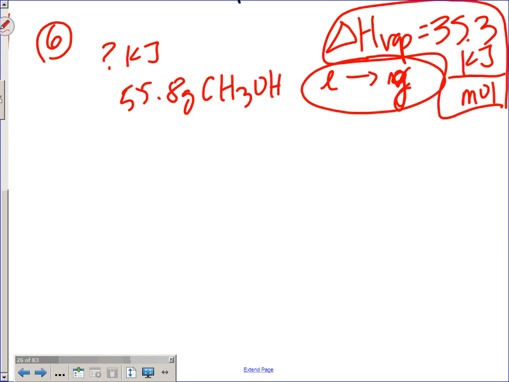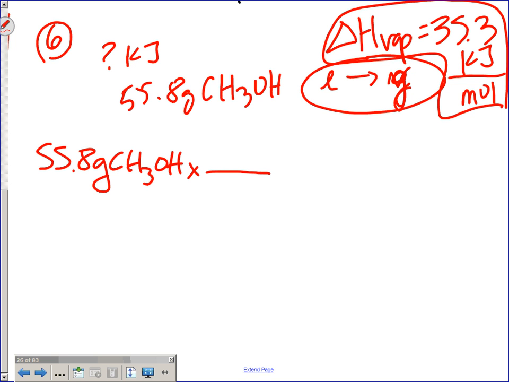So 55.8 grams of methanol is... What's the molar mass of those guys? 32. Okay, so grams to moles, and then I'm not even going to stop at moles.